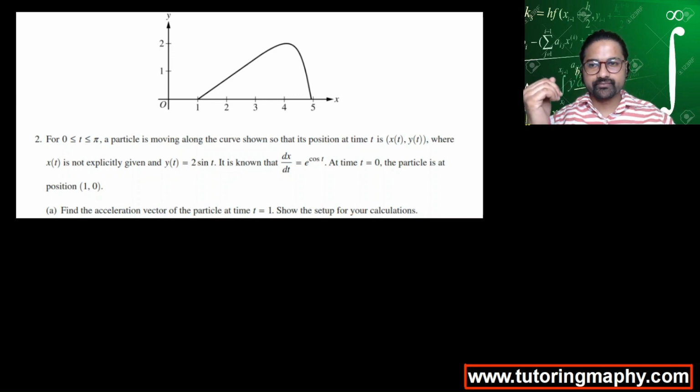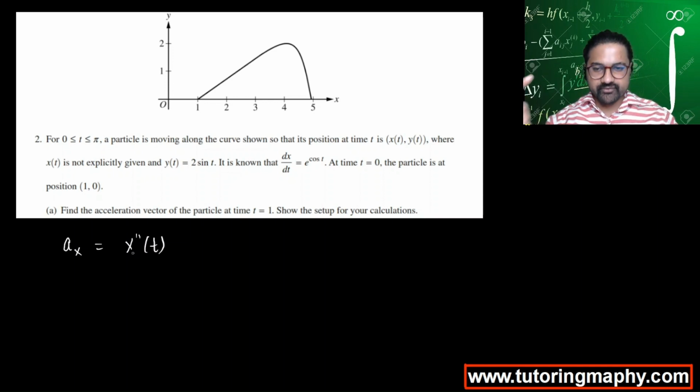step of your calculation. All right, we know that the acceleration, and remember, we need to find the acceleration vector. So there will be an acceleration in the X direction and in the Y direction as well. For the acceleration in the X direction, a sub X, it is going to be x double prime of t, because that's the double derivative of the position, right?